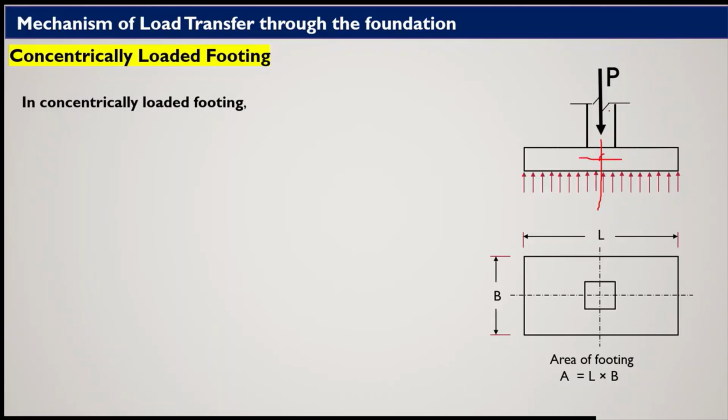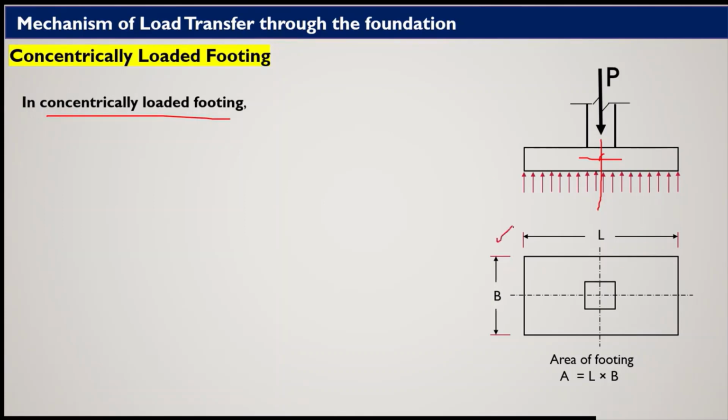So that means there will not be any eccentricity. So we will say that this footing will be designed as a concentrically loaded footing, and the load is just passing through the centroid of the footing below the column.